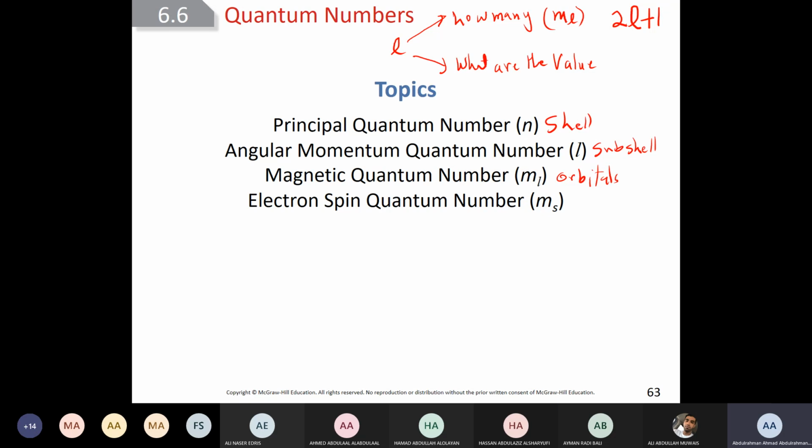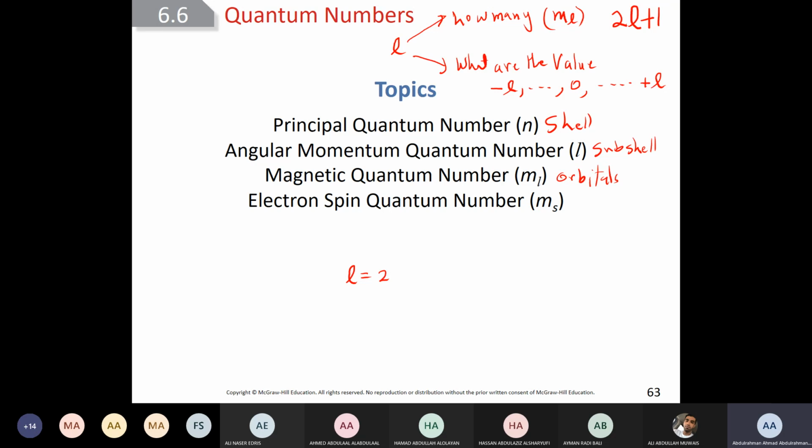Now, what are the values? The values start from minus L, and you go to 0, and then you go all the way to plus L. Let me give you an example, and things will be clear. Let's assume that L is equal to 2.